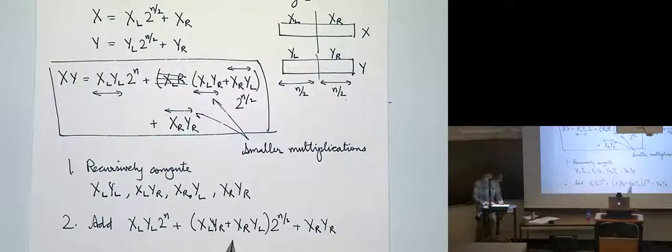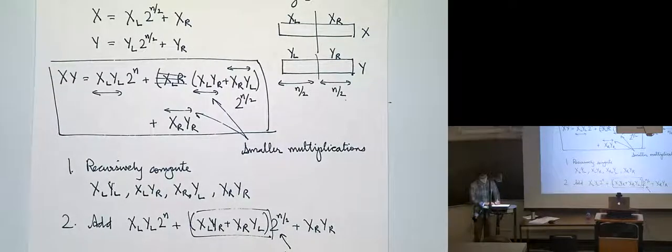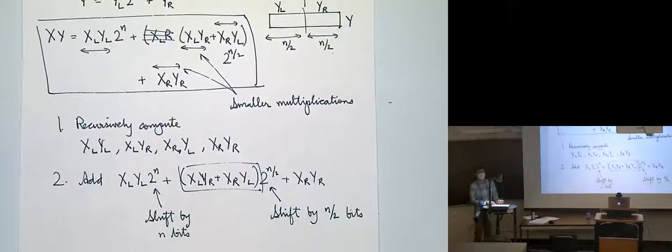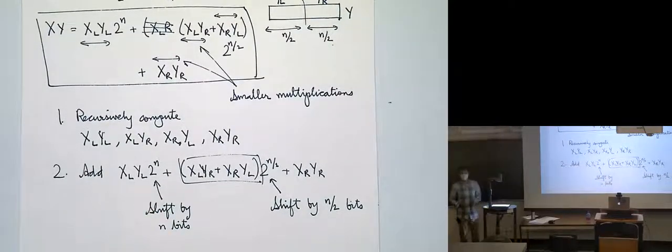And the addition is quite easy. So here's one addition. This is just a shift by n over 2 bits. And this is a shift by n. And then I could just shift and add everything. So far, so clear? You see the divide and conquer algorithm? Questions?